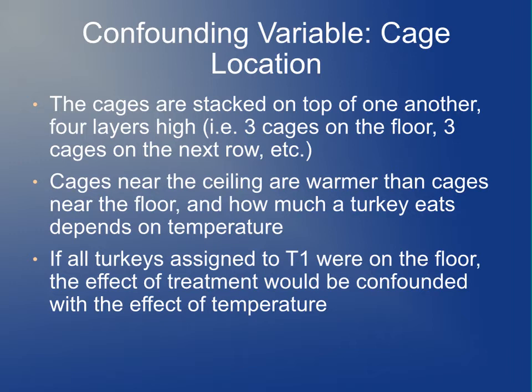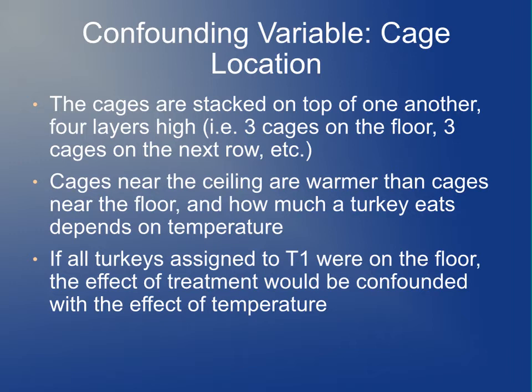The cages near the ceiling are warmer than the ones near the floor, and a turkey's diet can depend on the temperature. And if all the turkeys that were given the T1 supplement were on the floor, then the effect of treatment could be confounded with the effect of temperature, and we wouldn't know if T1 caused the turkeys to grow more, or if it was just because the turkeys ate less because they were on the bottom floor.